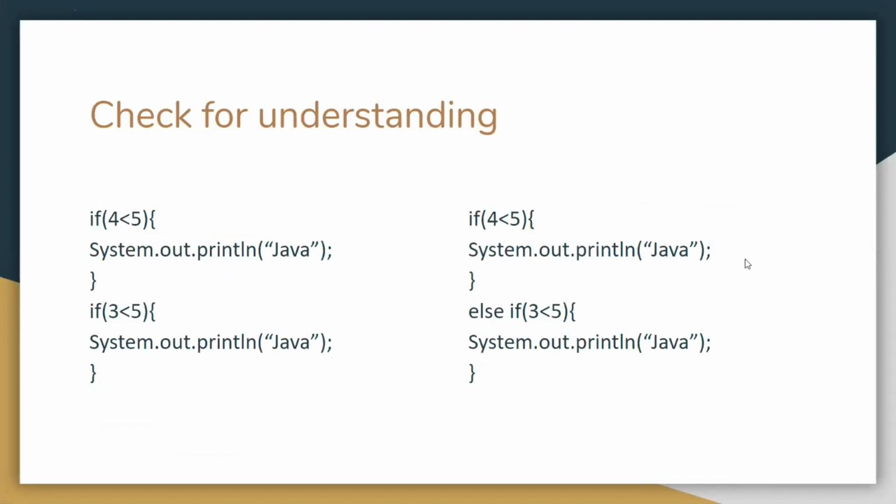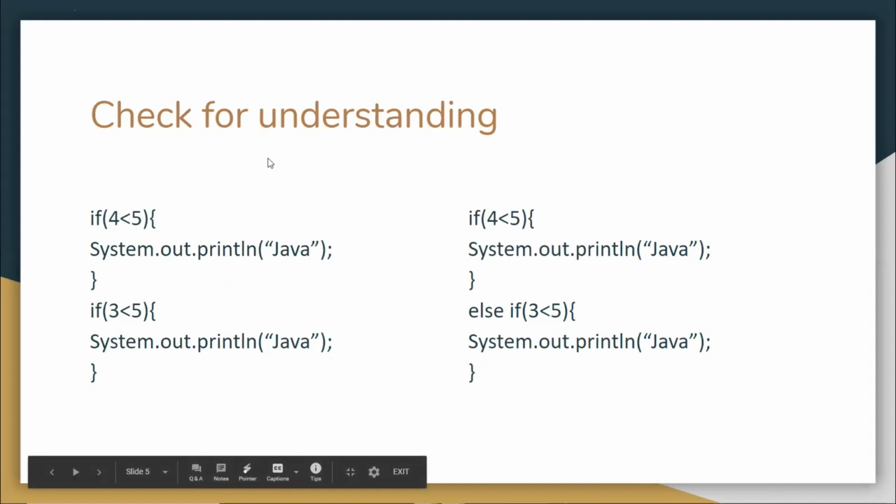So I want to check for understanding of the difference between an else if and an if statement. Can someone tell me the difference between the results of running the left hand code and the right hand code?